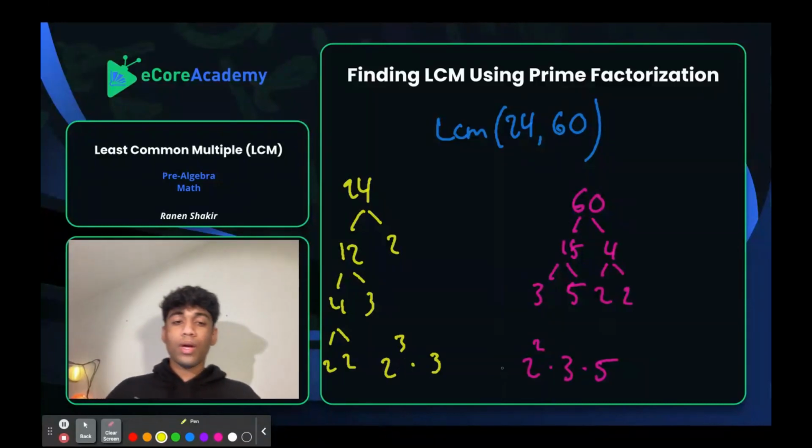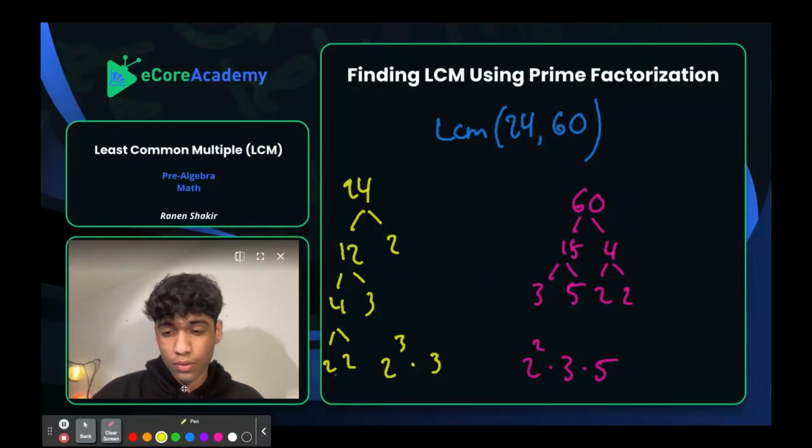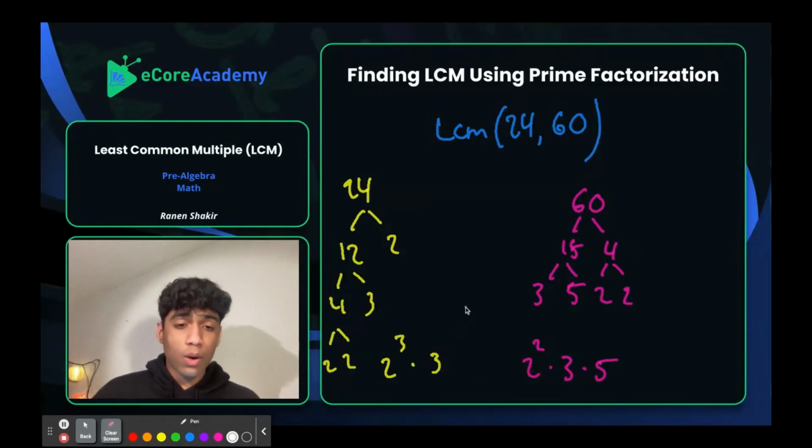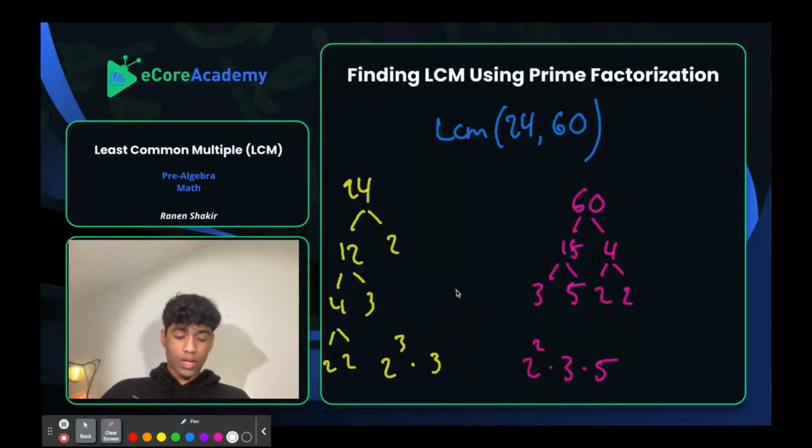So the way we're going to find the LCM of both these numbers is that we're going to take the highest power from each. In this case, the highest power is 2 cubed.